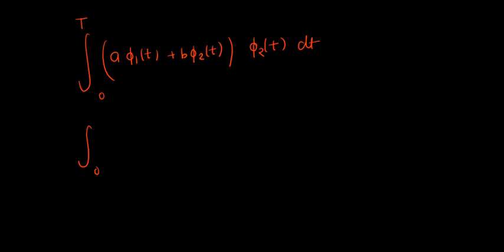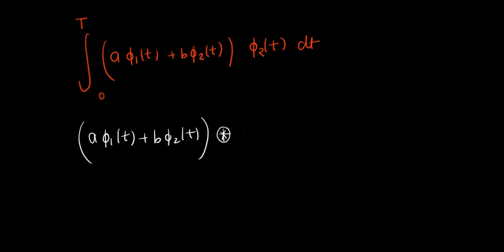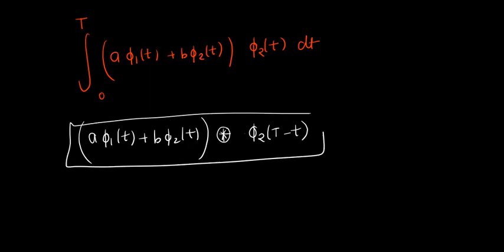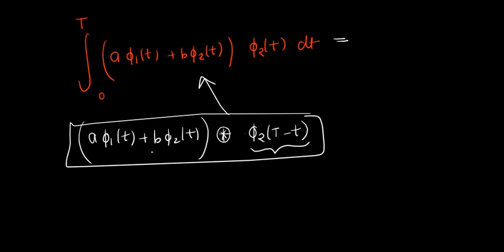This is the same as what? Doing this, which we will prove mathematically later. This is the same as this. So passing this through the matched filter is the same as evaluating the correlation of this with phi 2 t. Got it.